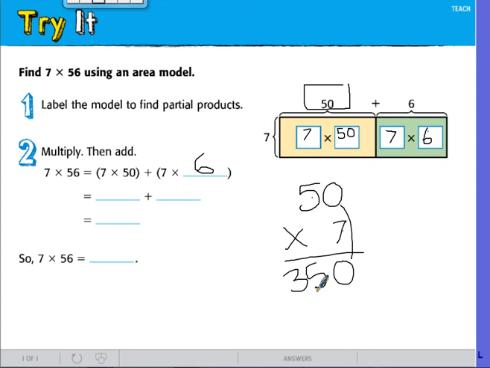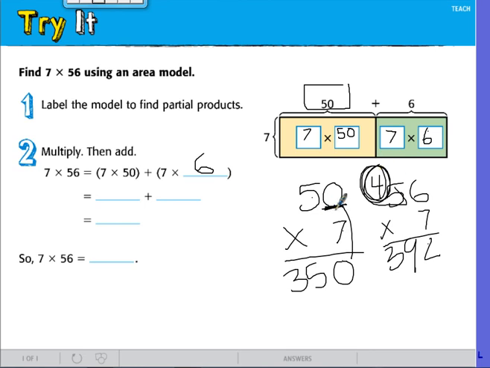Right? So what we're not having to do is if we did 56 times 7, 7 times 6 is 42, carry the 4, so we regroup. 7 times 5 is 35, plus 4 is 39. So see how we had to regroup up here? By putting a 0 here, we eliminate that.